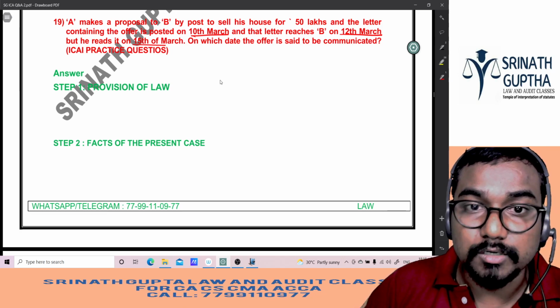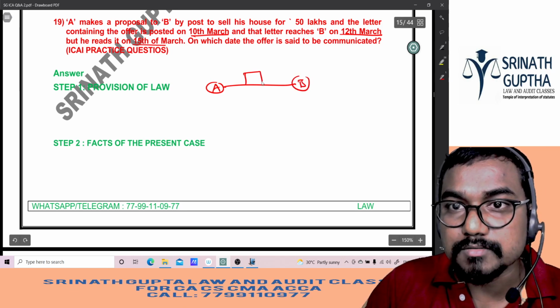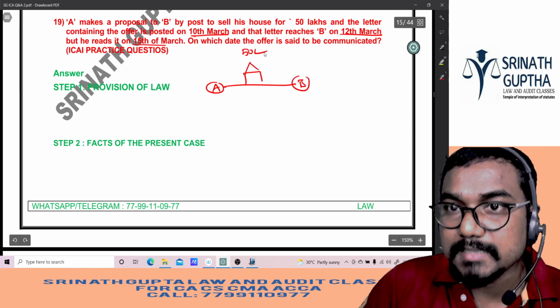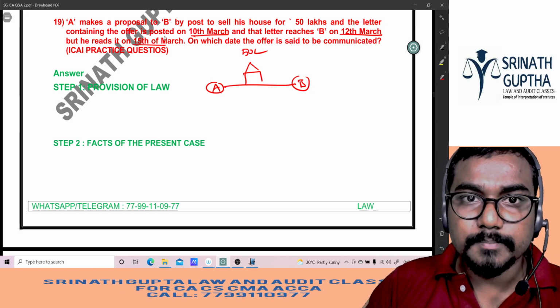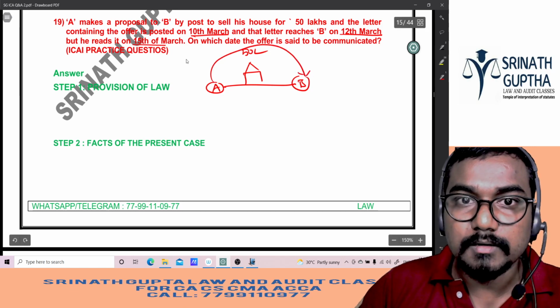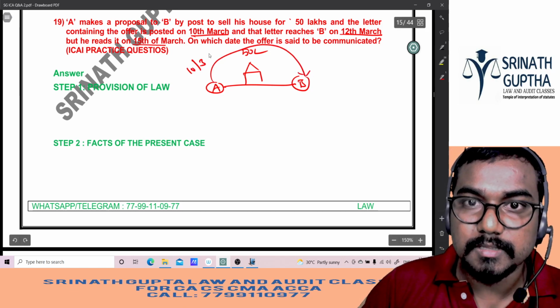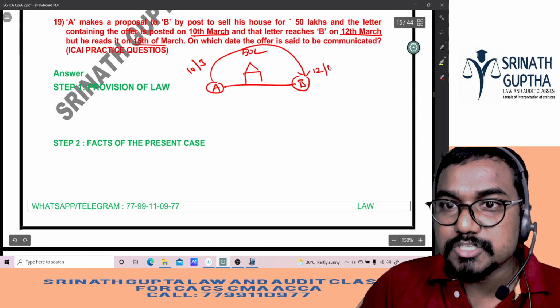A gave an offer to B to sell his house for 50 lakhs. Till now clear. The letter containing the offer was posted on 10th March and it reaches B on 12th March.